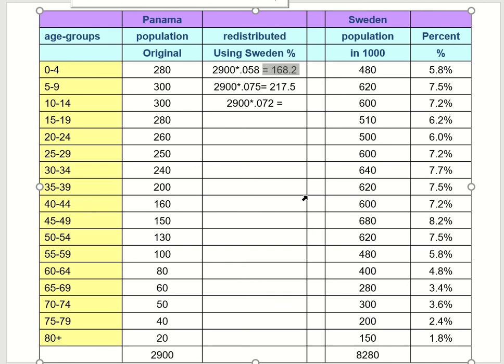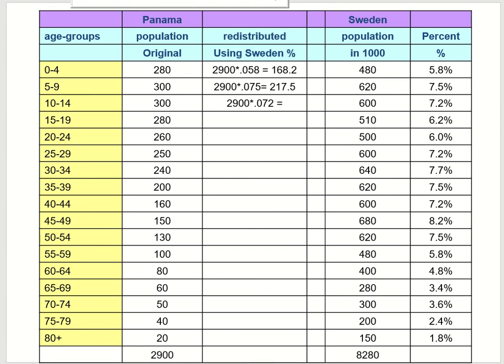I do the same for the second age group: 2.9 million times 7.5% is 217,000. I do that for all groups, meaning I've redistributed the 2.9 million. This is called the redistribution of the Panamanian population to look like the Swedish population.